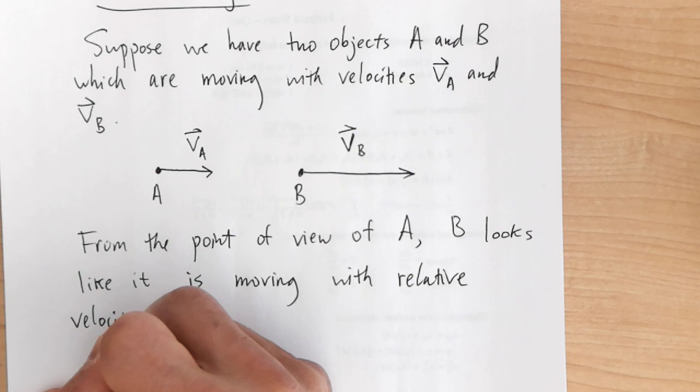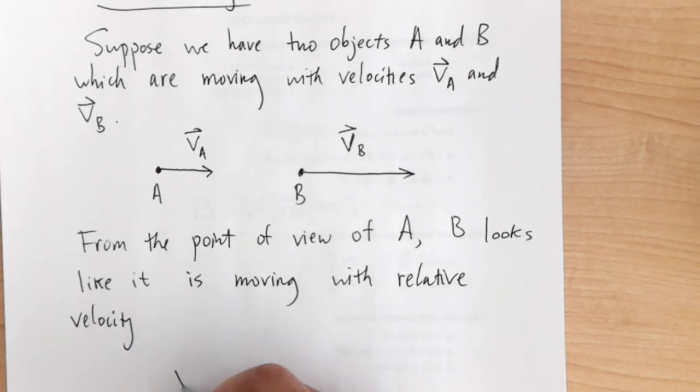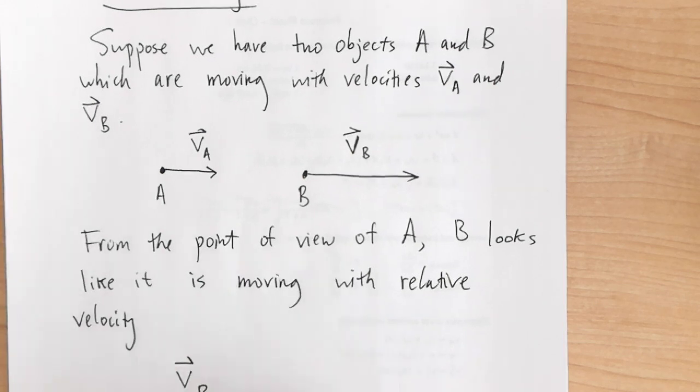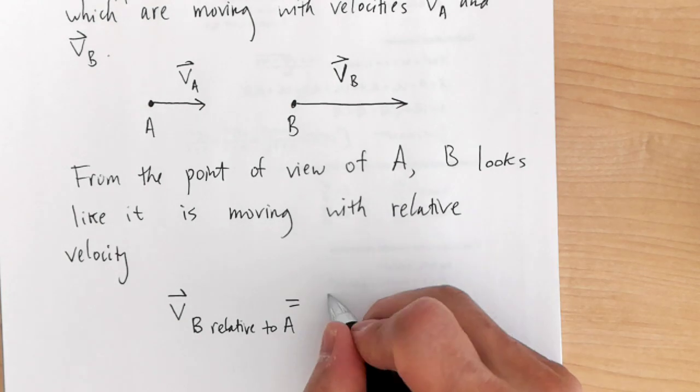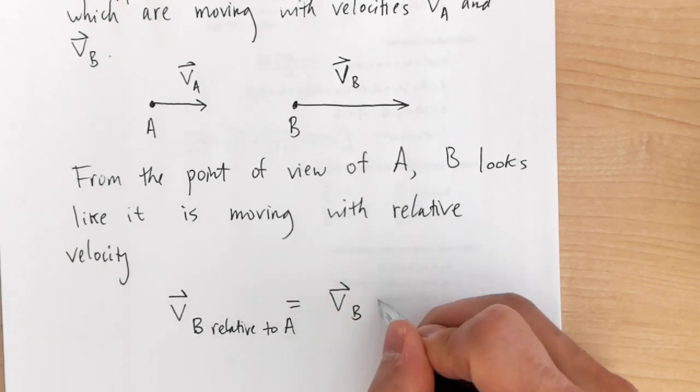So the word relative is important here. With relative velocity, let's make it very clear. Velocity of B relative to A. What does B look like relative to A? And this is going to be VB minus A.